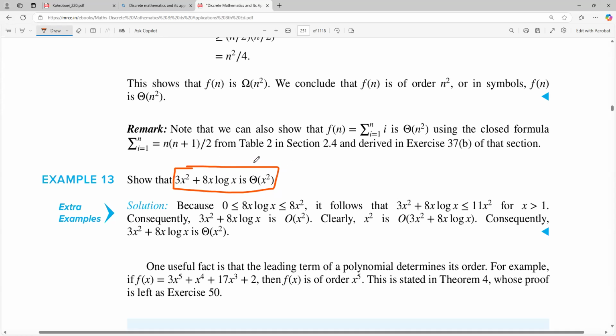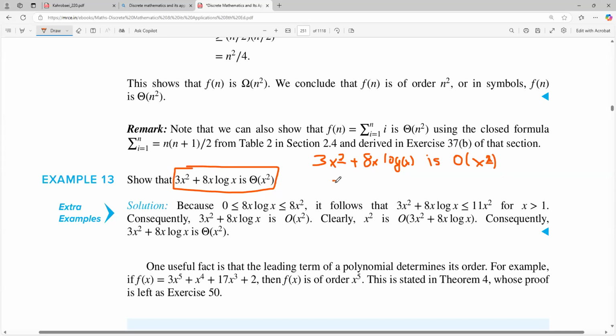Let's first prove that 3x squared plus 8x log x is big O of x squared. Once again, this is pretty easy because if you go back to our notes about big O, we just look at the polynomial. So we could say that C is equal to 4.